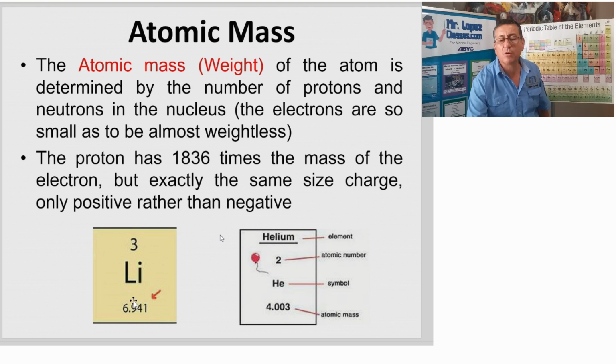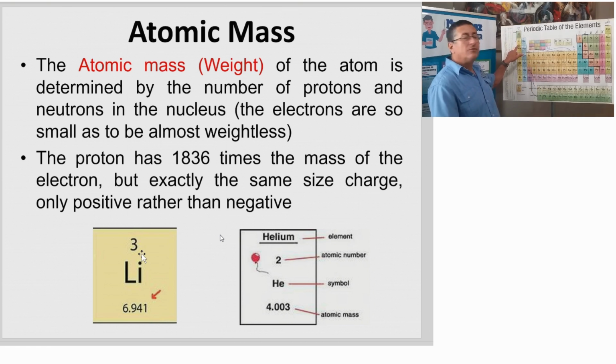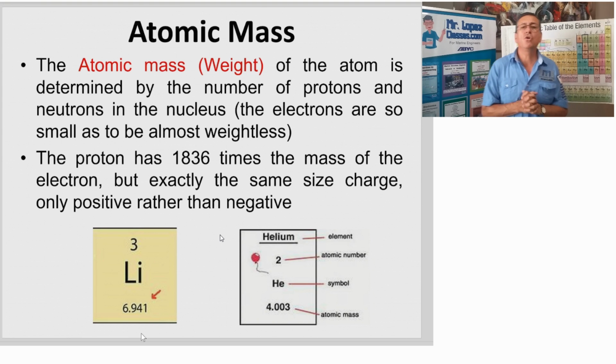Here, the bottom number, the atomic mass, is 6.9, and the top is 3. What is the meaning of that? This element, lithium, has 3 electrons, and the atomic mass is 6.9. This is the amount of neutrons and protons.